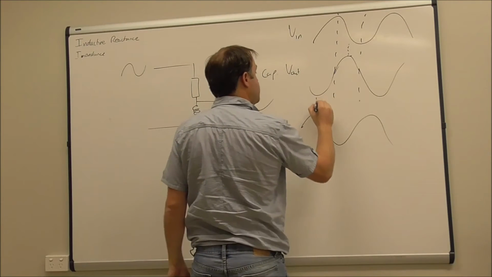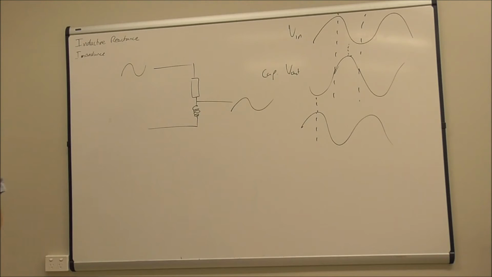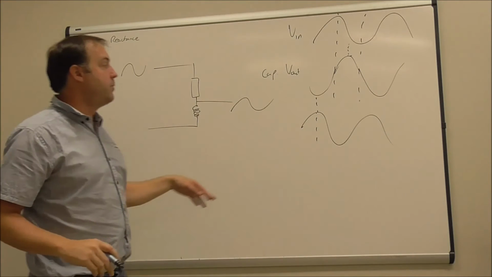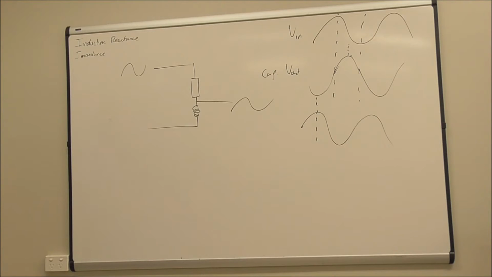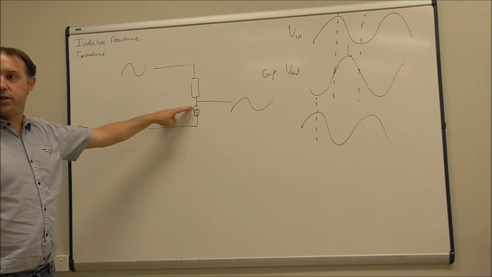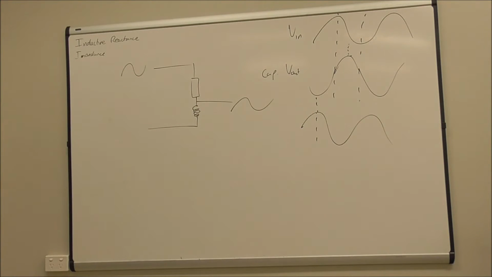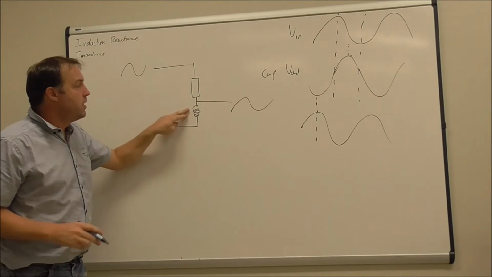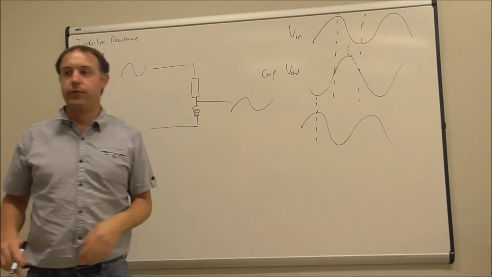Okay, so in this case, we're going to see that the voltage on the output leads the input voltage, and that's due to the fact that it's not the voltage changing on here that causes the output voltage to change, it's the changing in current. So the change in that current there is what causes the output voltage to lead the input voltage.